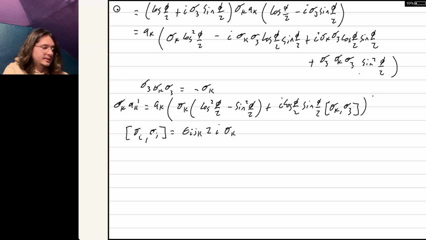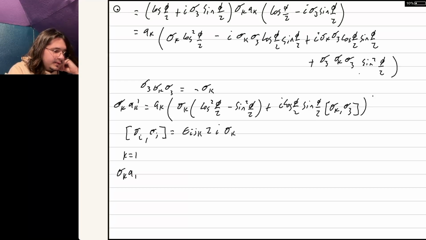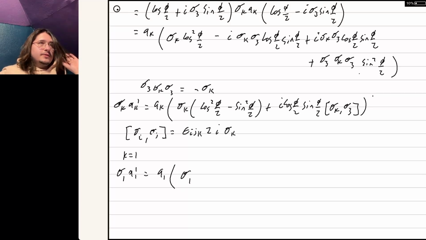So let's look at k equals 1 first. K equals 1, so sigma 1 a1 prime, I should say, is a1 times sigma 1 cosine squared phi over 2 minus sine squared, that's cosine phi.